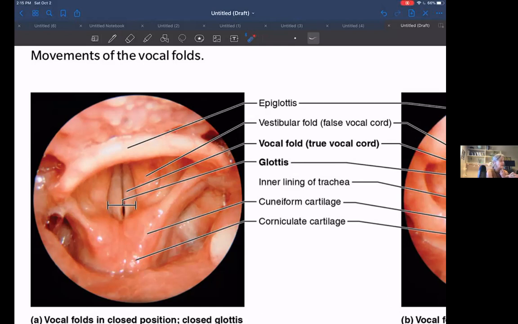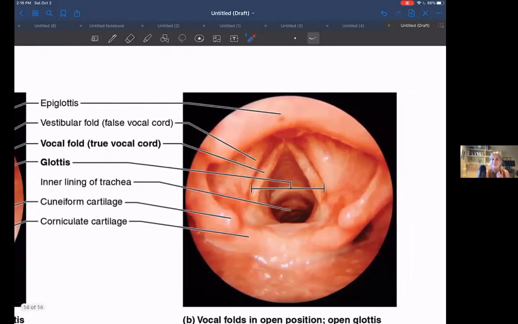You can see up here that this is actually the epiglottis, right? And then you can see the cartilages down here. So we can open up, right? And what you're doing here is you're seeing down into the trachea. And then these vocal cords, when we bring them together and we force air out through them, they will vibrate and they will create the sound.